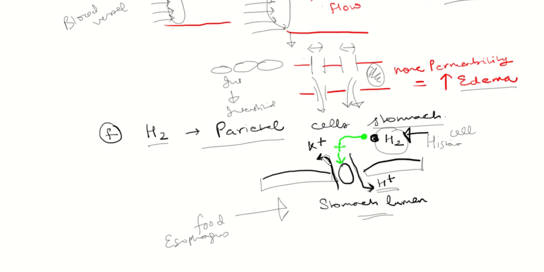And there's an exchange where the H plus or hydrogen ion, which is actually a proton, because hydrogen is one electron and one proton. So once you take the electron away, it becomes positively charged because all you have is a proton. So again, you have the hydrogen ion that gets into the stomach lumen, and the potassium ion, which is a positive ion, goes back into the cell. So again, it's an exchange of charges, so to speak, right?